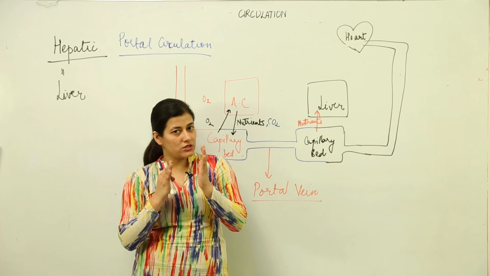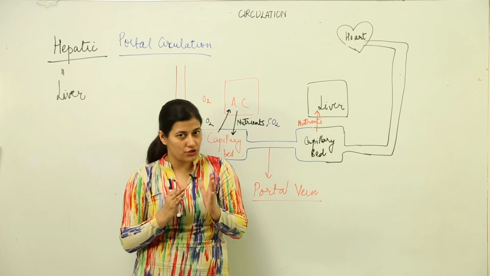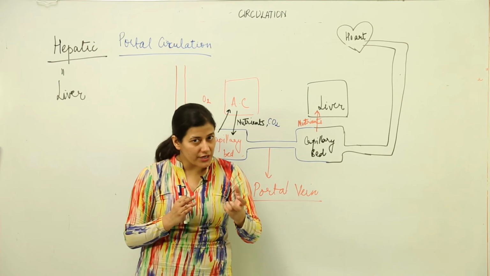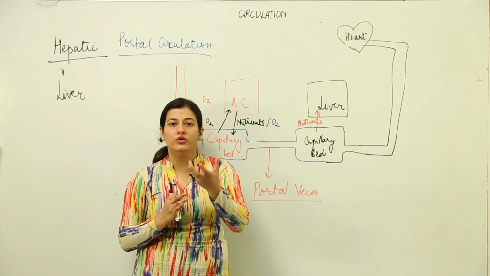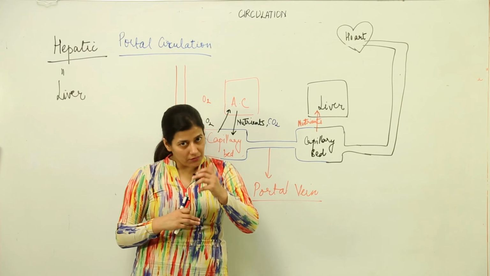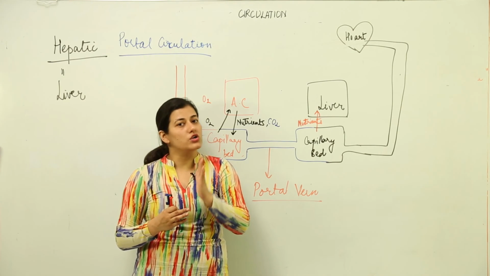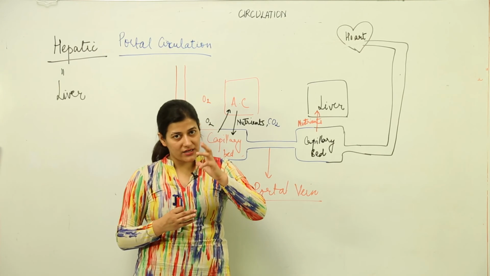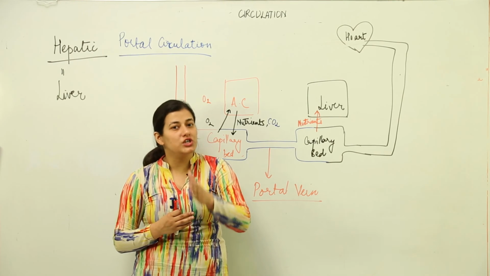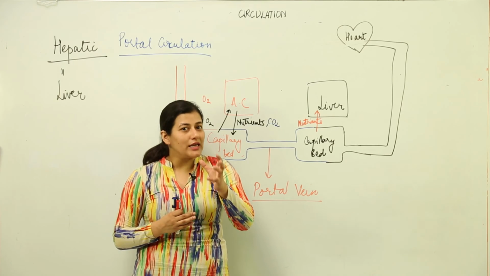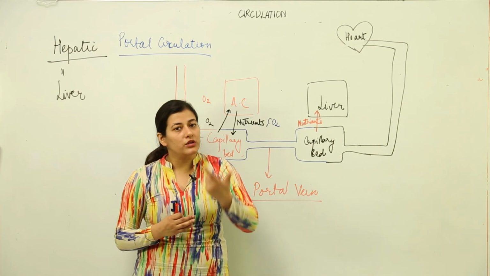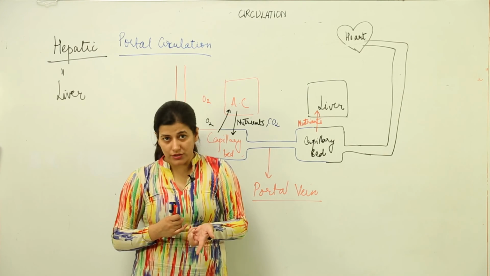Supposedly we talk about the small intestine tissues. They are taking up the nutrients from the food that is getting digested, and in return they are working. They need oxygen for that. So when the arterial blood, the oxygenated blood, comes over there, they take up the oxygen, and they put the carbon dioxide and also the nutrients into that blood.